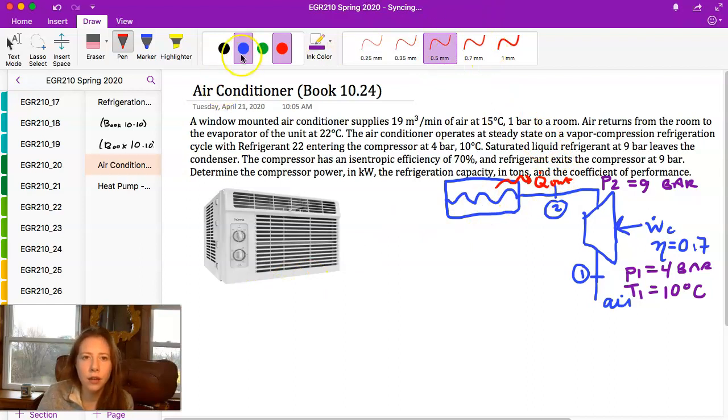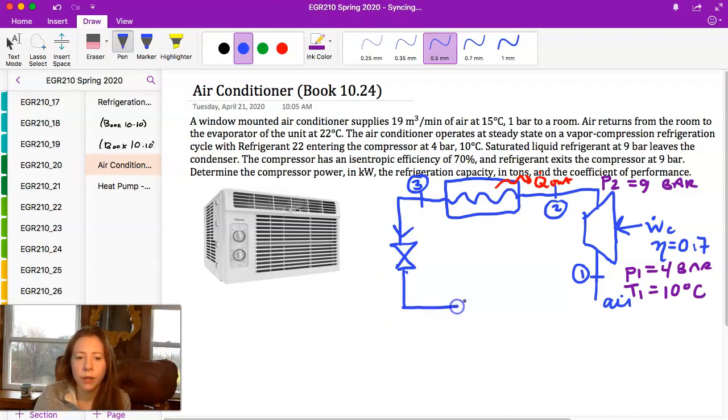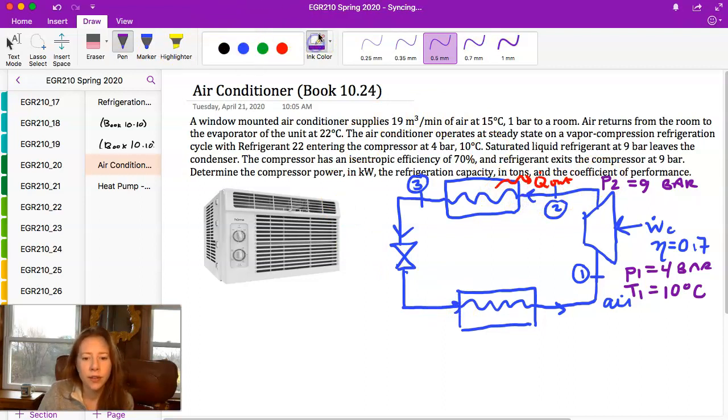And then we're going to come out at state 3, go into our throttling device or our valve, and we're going to go into our evaporator. Okay, so what else do we know? We know we have a Q in here.